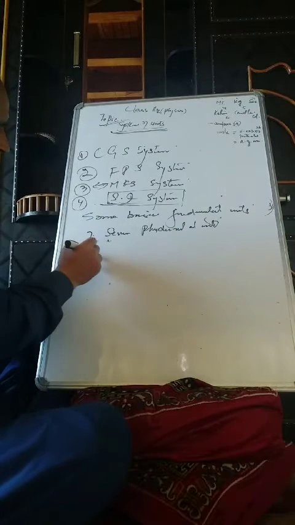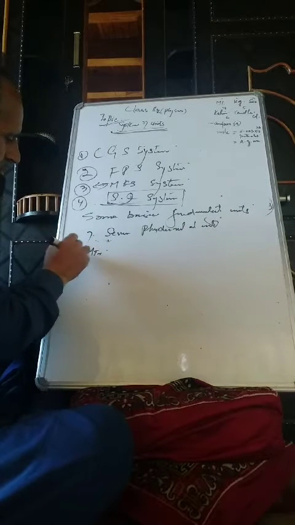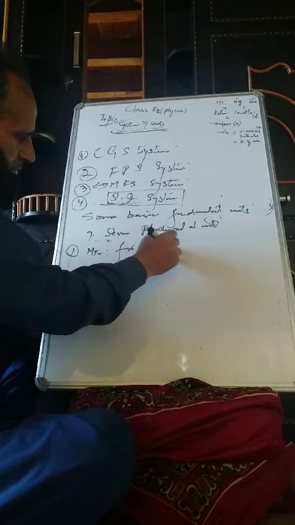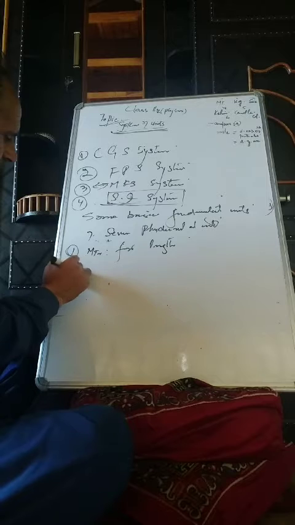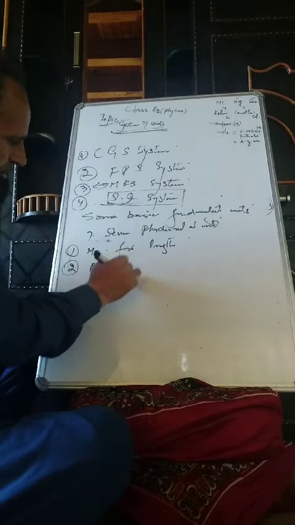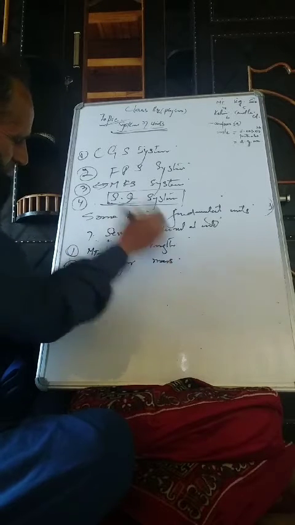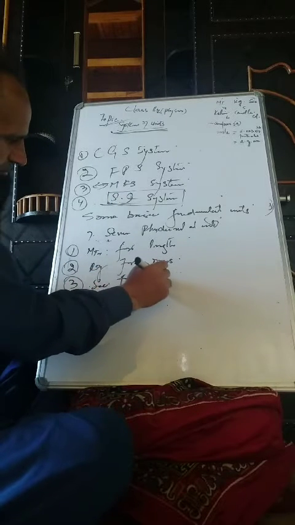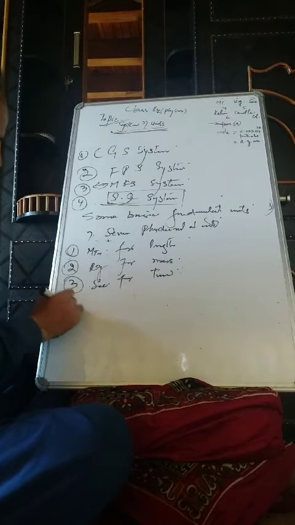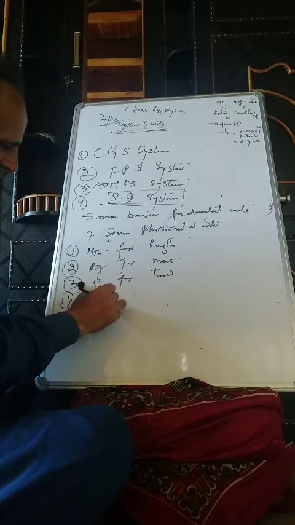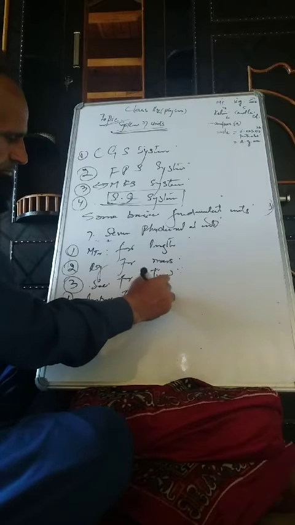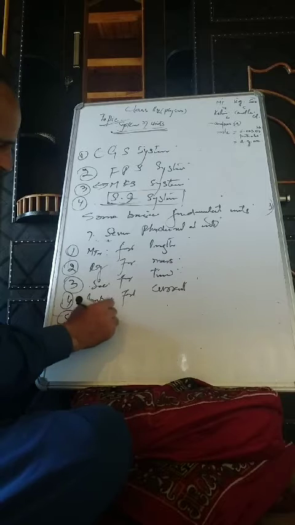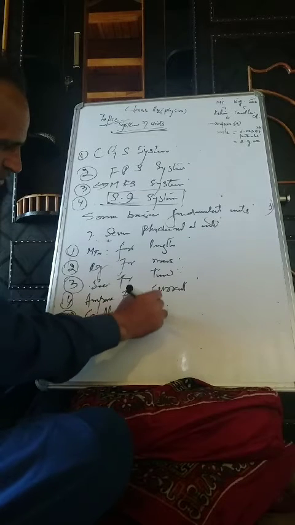Number first, meter for length. Number second, kilogram for mass. Number third, second for time, and number fourth, ampere for current, and number 5, candela for luminous intensity.